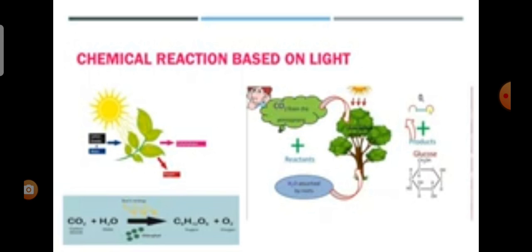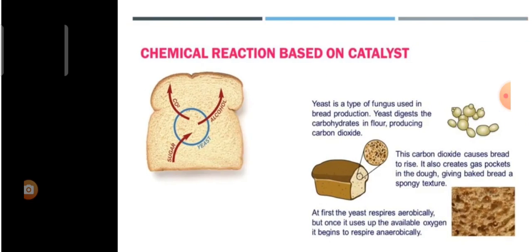As you know, photosynthesis is a process in which light energy from the sun is used by plants to prepare starch from carbon dioxide and water. The sunlight induces the chemical reaction between carbon dioxide and water, which finally ends up in the production of starch. Thus, the chemical reactions induced by light are called photochemical reactions.